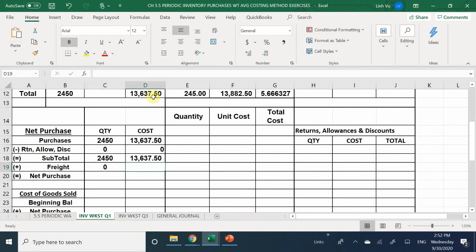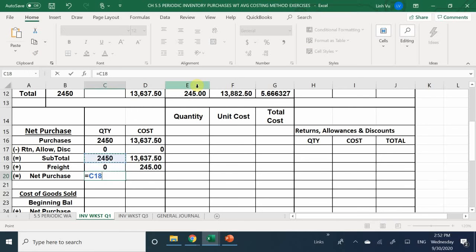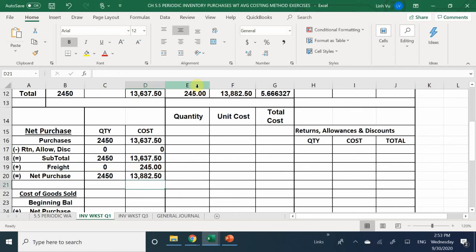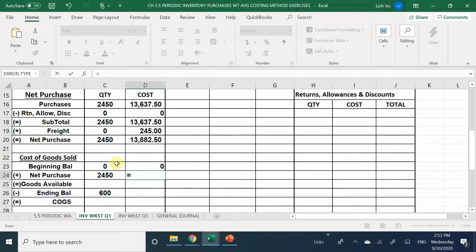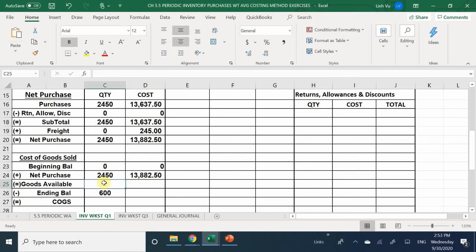We need to add our freight of $245 to bring us a grand total of $13,882.50. Again, we do not have beginning inventory, so bringing down our net purchases, this information will stay the same.